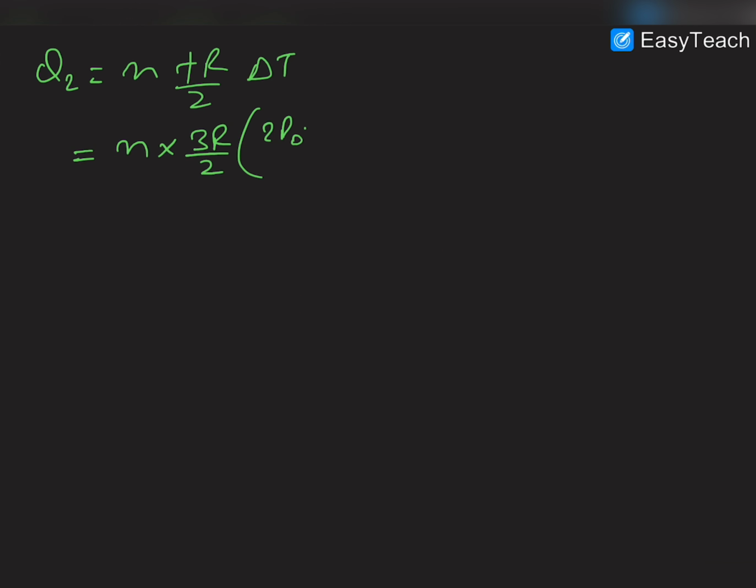So Q2 will be equal to 3 by 2 P naught V naught.